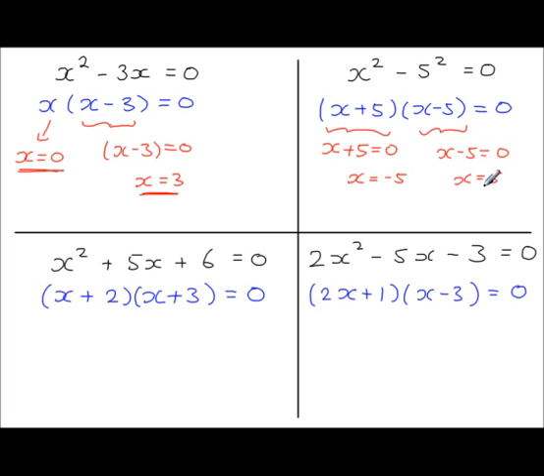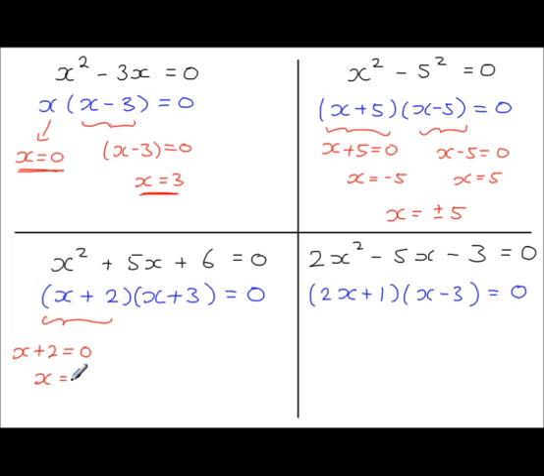Because it's the same number but opposite signs, you can write it like this, x is equal to plus or minus 5. That incorporates both of these two. In this one here, this factor here, x plus 2 is equal to 0, x is equal to minus 2.